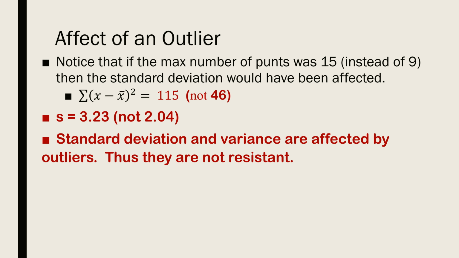Note that if the maximum number of pounds was 15 instead of 9, then the standard deviation would have been affected. The sum of squared deviation will be 115, not 46.